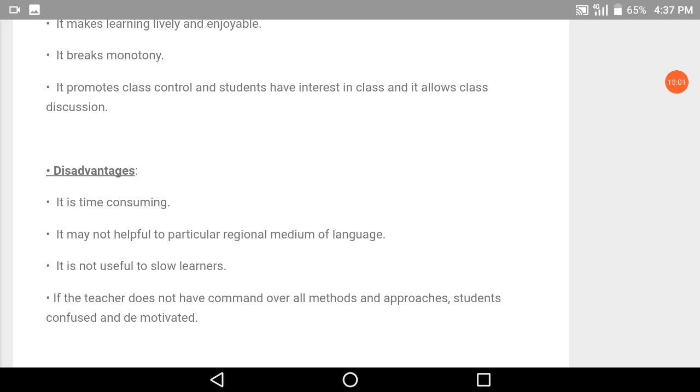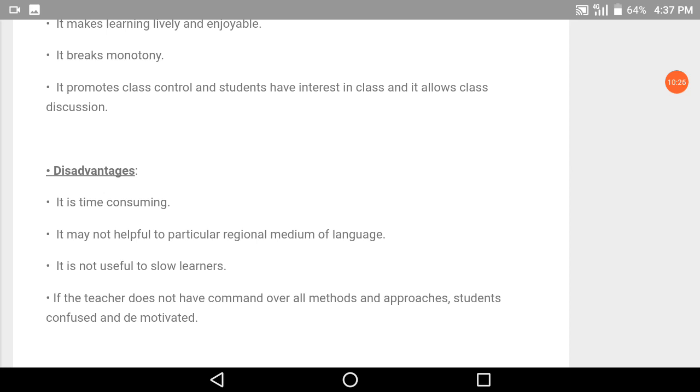If I am using TLM and all these approaches properly, I am not able to finish my syllabus in one semester, because in the current situation we teachers have 6 months, and sometimes not even 6 months. We have to complete our syllabus in 4.5 months only.